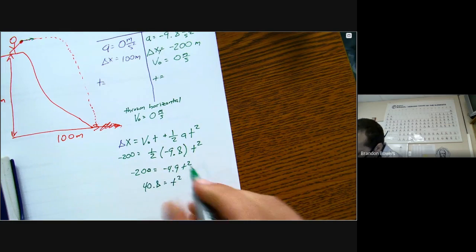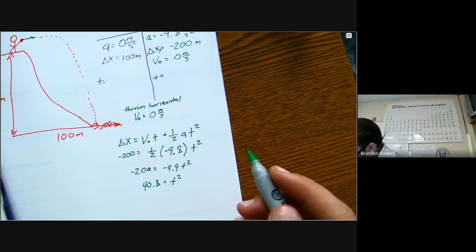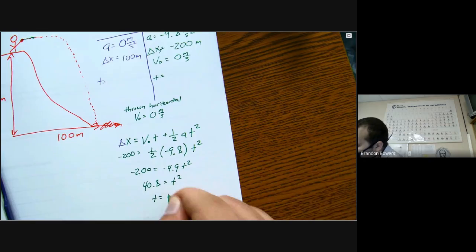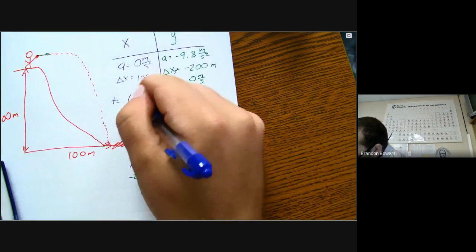Take the square root of that answer. I got time to be about 6.39. So it should be 6.4 because of 2 sig figs, but we're not worried about sig figs for our final answer. So 6.39 is my time. So if I look over here, my time is 6.39.